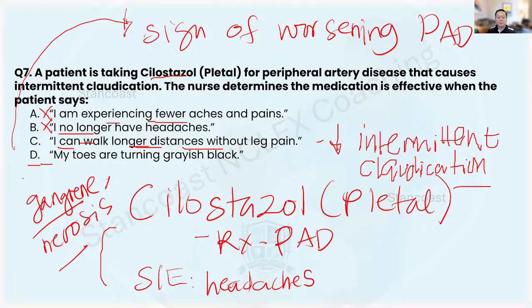Our testing skill here is to make sure you focus on the specific symptoms and go back to the drug mechanism or the therapeutic effect of the drug, which is vasodilation. That is the main reason they are given Pletal, because we want them to have vasodilation to the lower extremities to allow adequate blood flow. All righty. Let's move on to the next question.